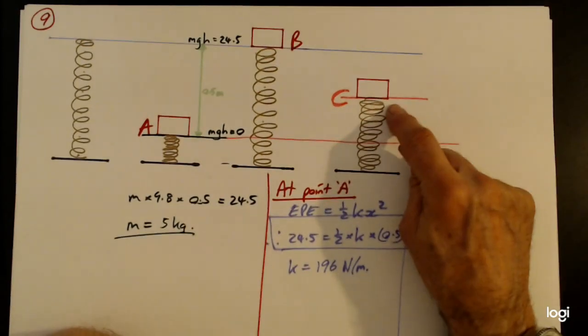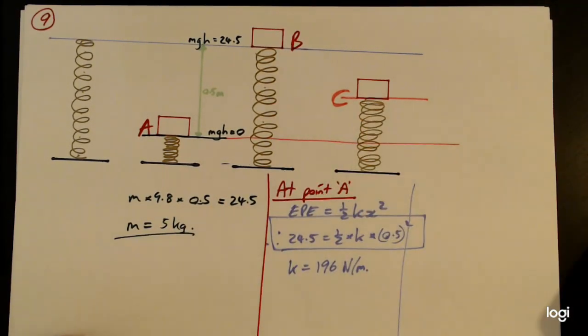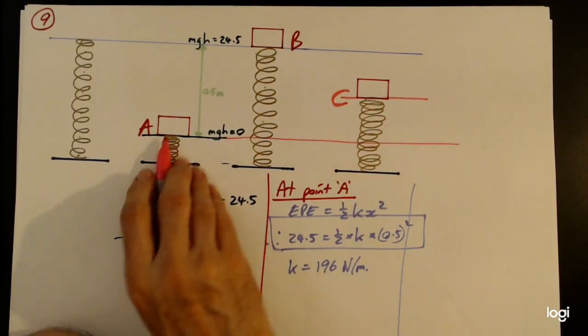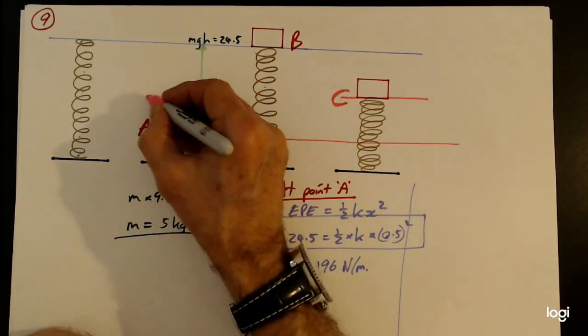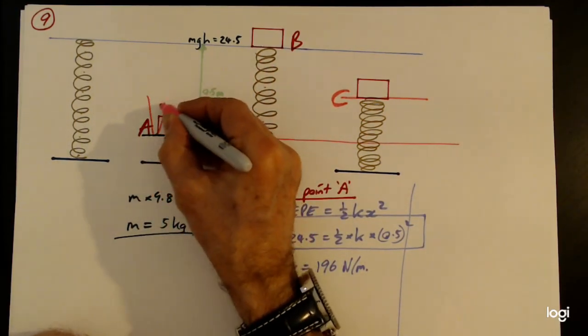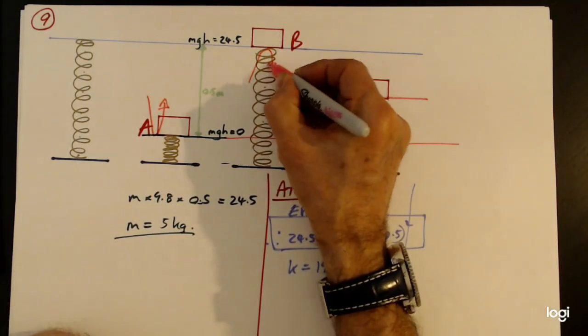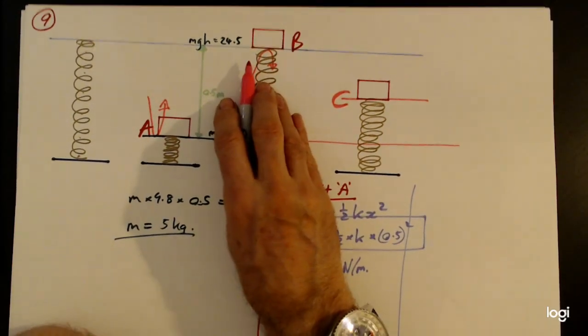That means it's traveling at its fastest there, because if you analyze this properly, it's not moving at all there. It's also not moving at all there. This is where it stops going down and starts going up. This is where it stops going up and starts going down. So at those two extremes, it isn't moving.